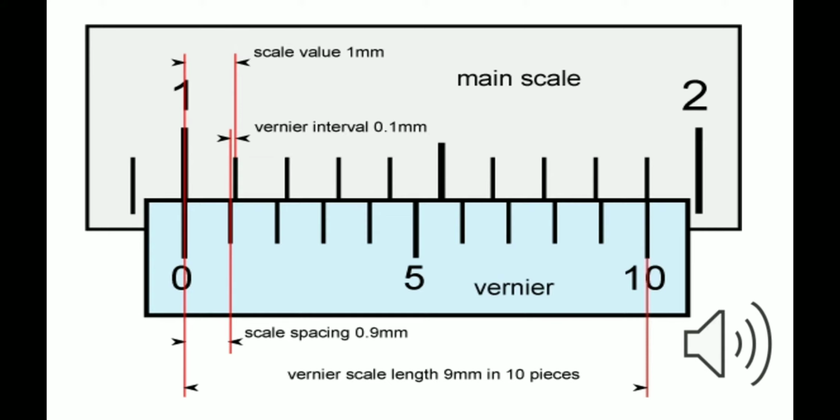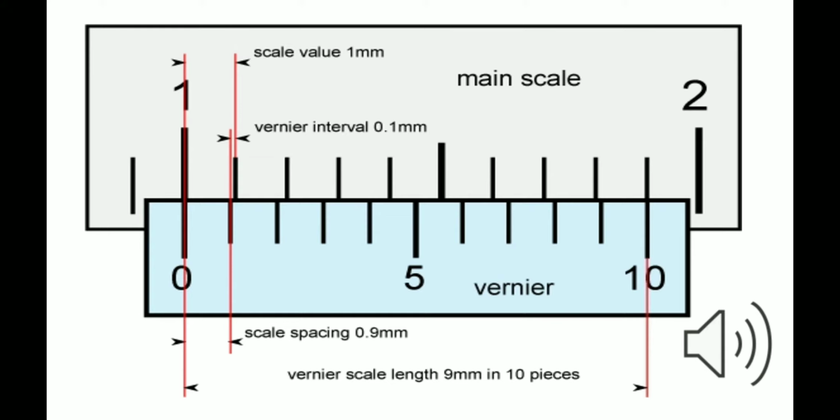Now you can see that the width is 1 centimeter on the main scale. Can you see? It is from 1 to 2. So the width is 1 centimeter here. And each division is of 1 millimeter. Now you can see the zero of the vernier is exactly coinciding with the 1 centimeter mark of the main scale.